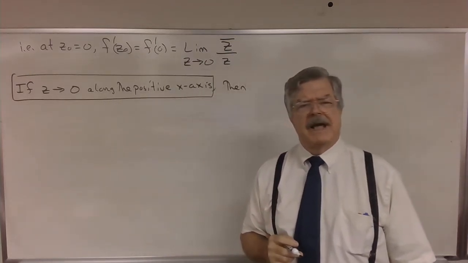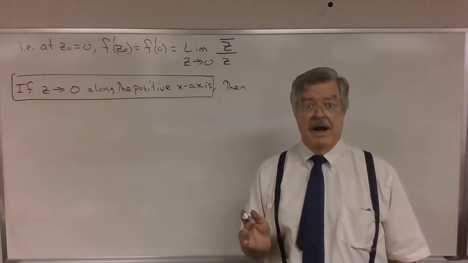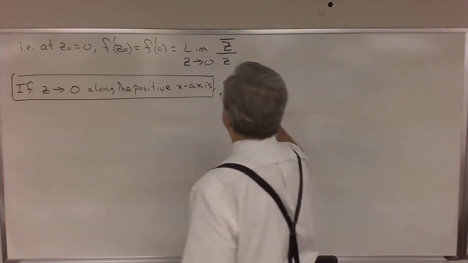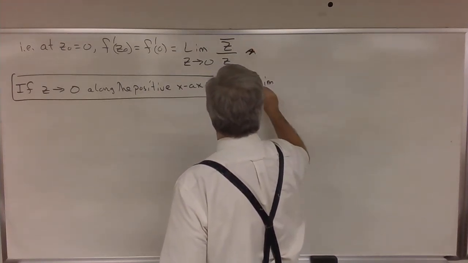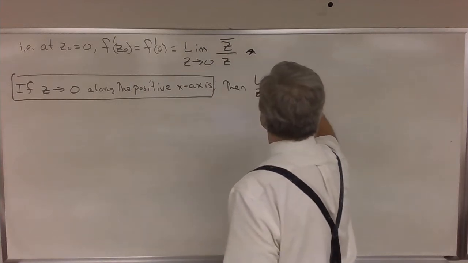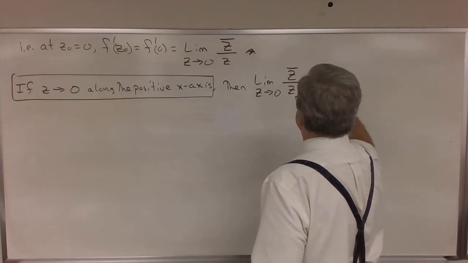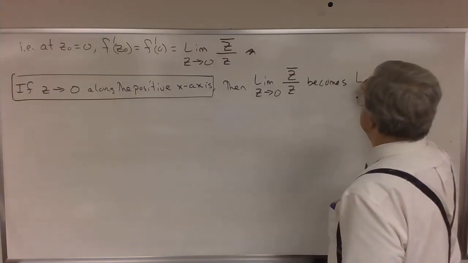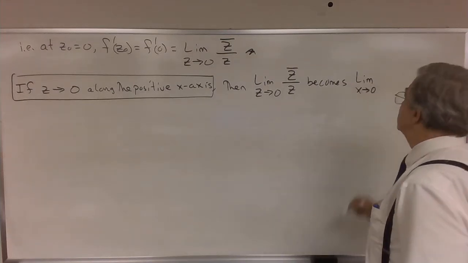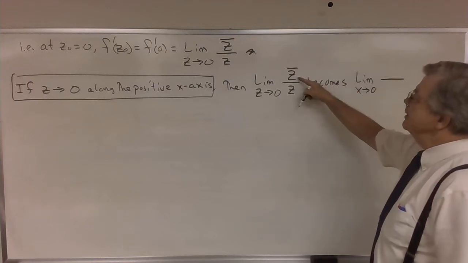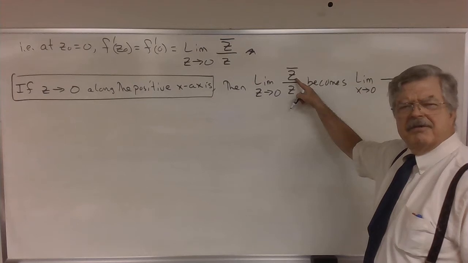On the positive x-axis, y is 0. So this limit becomes the limit as x goes to 0, and z conjugate, we change the sign of the imaginary part, right?